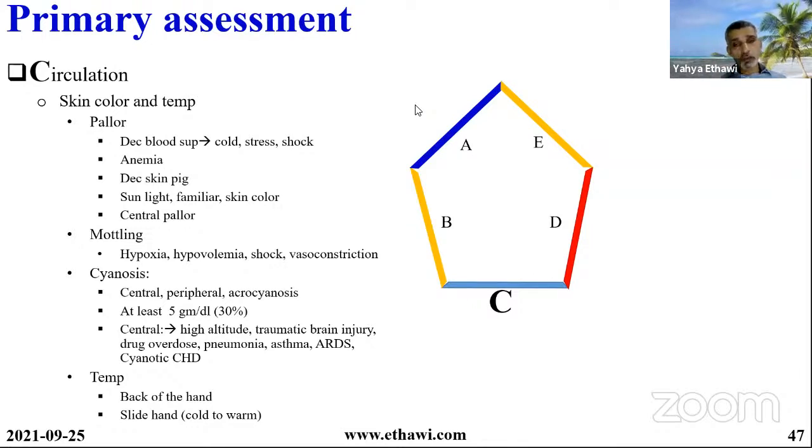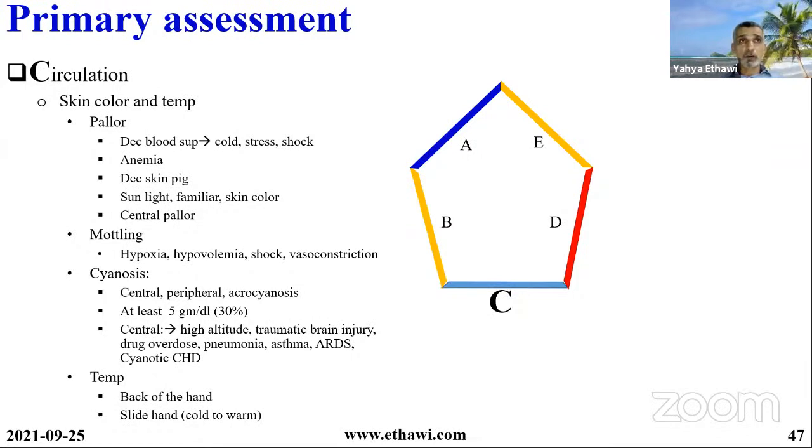Mottling is usually a vascular problem. Mottling is either nothing, vasomotor instability, or a grave sign, so you have to be careful when you see it. Cyanosis is either peripheral or central. As you remember, cyanosis appears when deoxyhemoglobin is more than 5 grams.